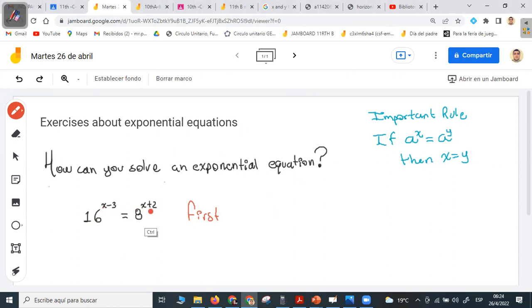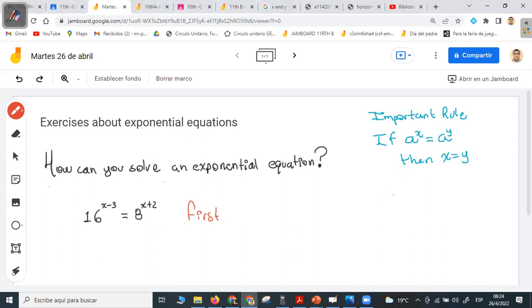Okay, so we'll do something and apply this important rule. If you have a to the power of x and a to the power of y, as you can see here, you can conclude that if those exponential expressions have the same base, then they will have the same exponent. It's a pretty obvious thing.